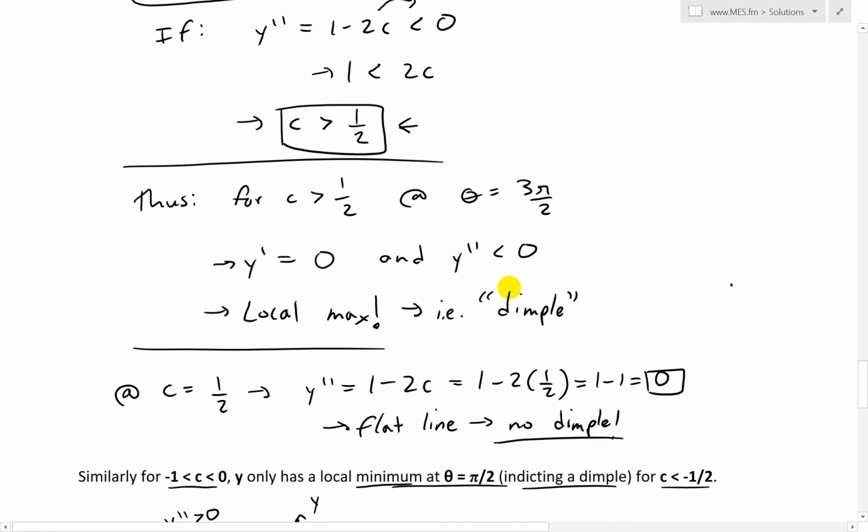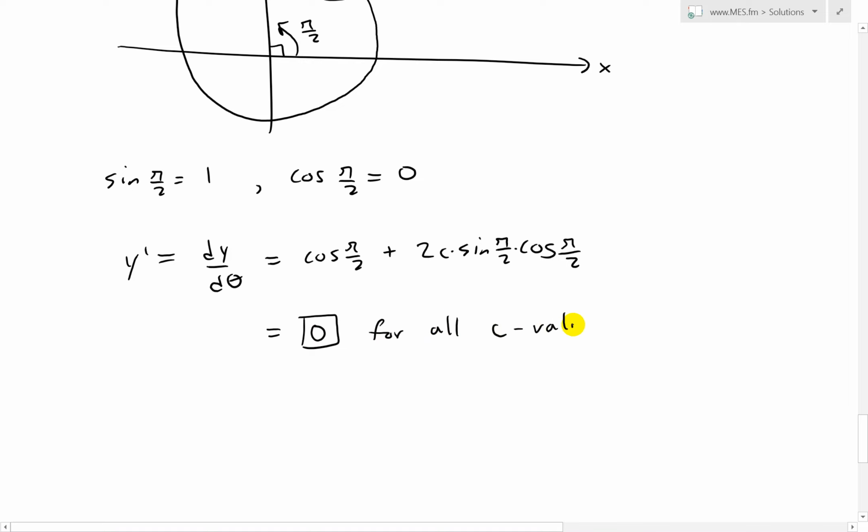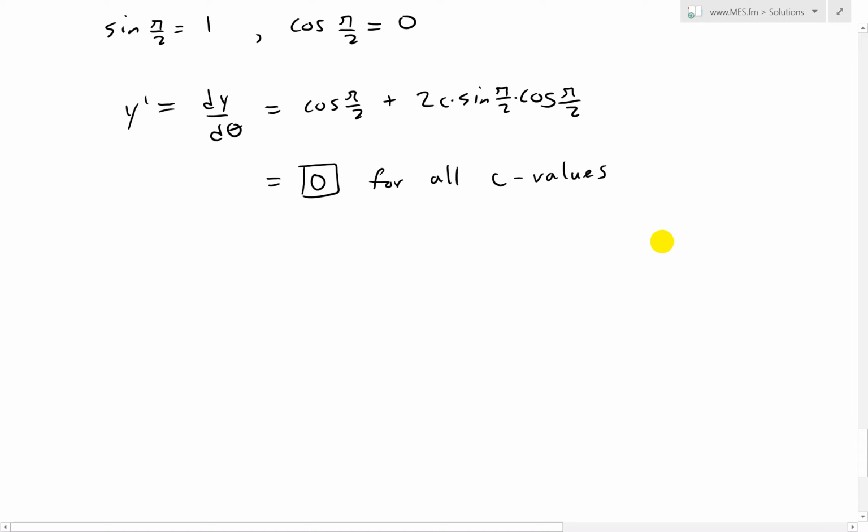So let's write that out: cosine pi over 2 plus 2c sine pi over 2 cosine pi over 2. Plug those in. Cosine pi over 2 is 0, and there's a 0 as well there. So that just equals 0, and this is for all c values, or c an element of all real numbers.